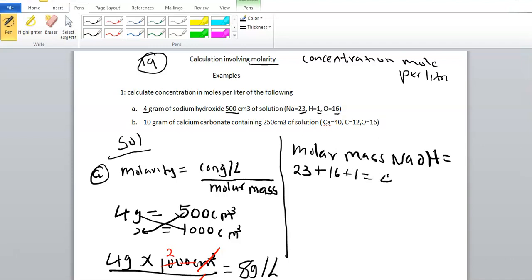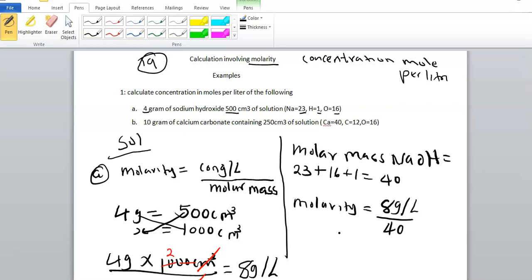In total we have 40. Therefore molarity is equal to the concentration in gram per liter that we have obtained, 8 gram per liter, over RFM, which is 40. Then we divide 8 by 40.